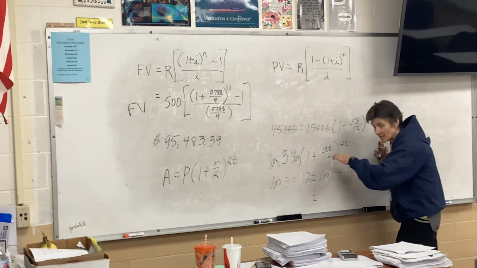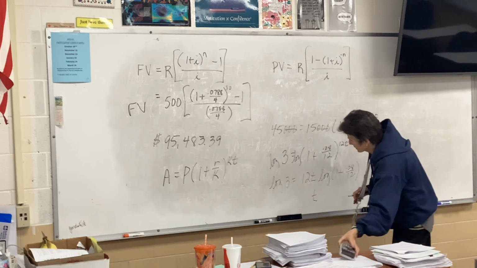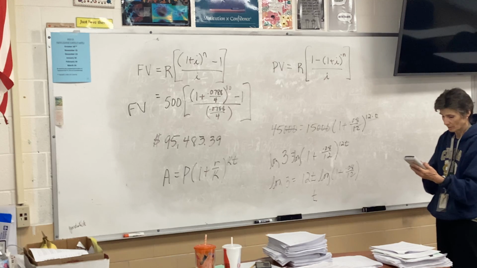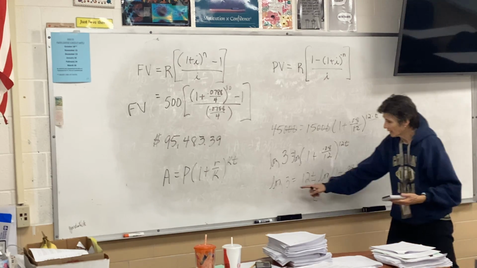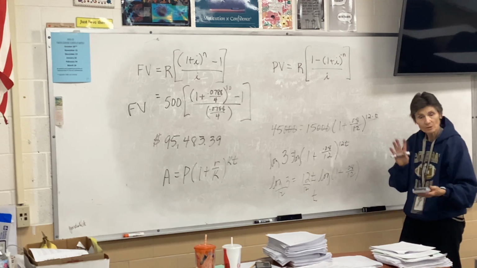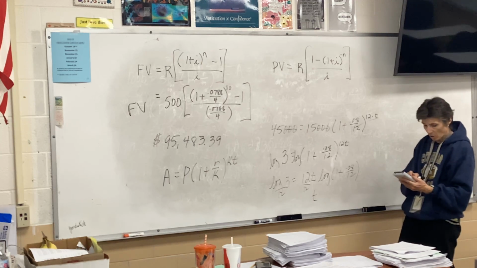Okay? And then take whatever that is and divide it by the log of this. So, the log of 3 divided by 12. All right, that's step 1. I divided by my 12, got that taken care of. Equals. Okay, now I'm going to divide that by the log of 1 plus 0.08 divided by 12.